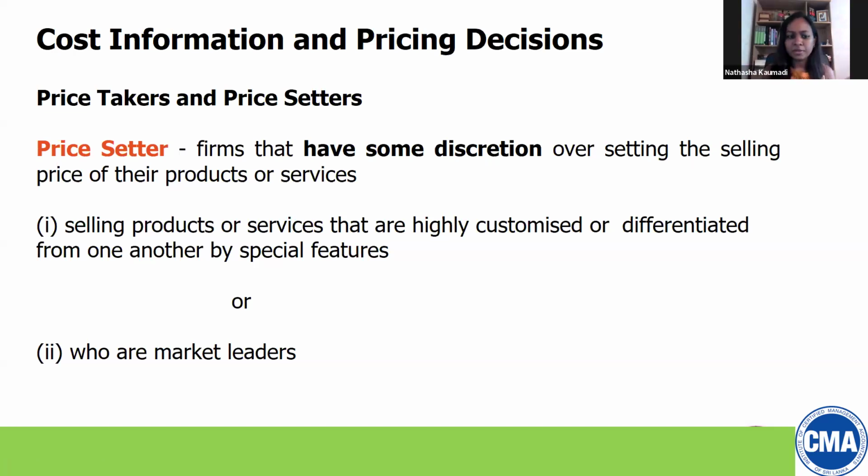You have the power for that. Or market leaders: the same commodities are sold by many suppliers in the market, and small firms are there, but you are the market leader. In that case, you set the price. Other small firms having small market shares will take your price. So you are the setter. Those are the different types: price taker and price setter.